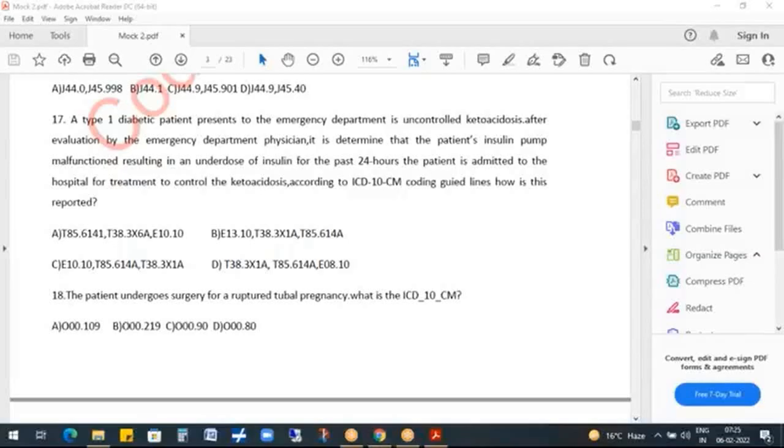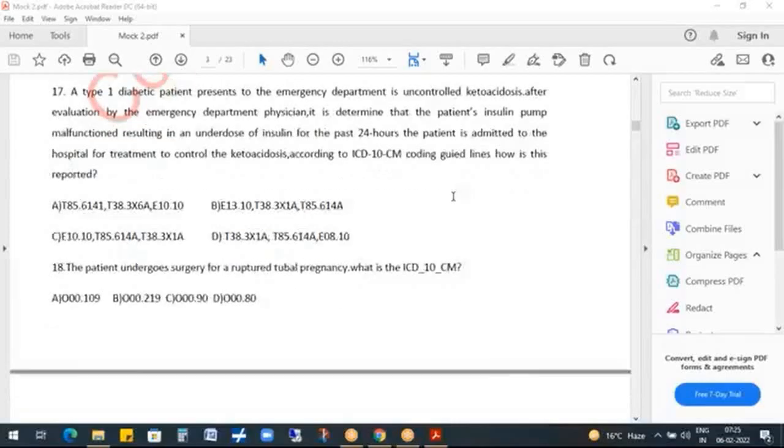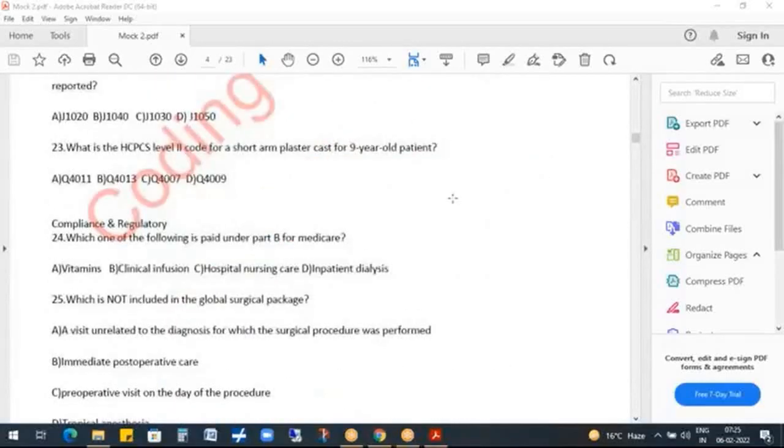No doubts, no one. 20 to 25. Up to 25, check everyone.